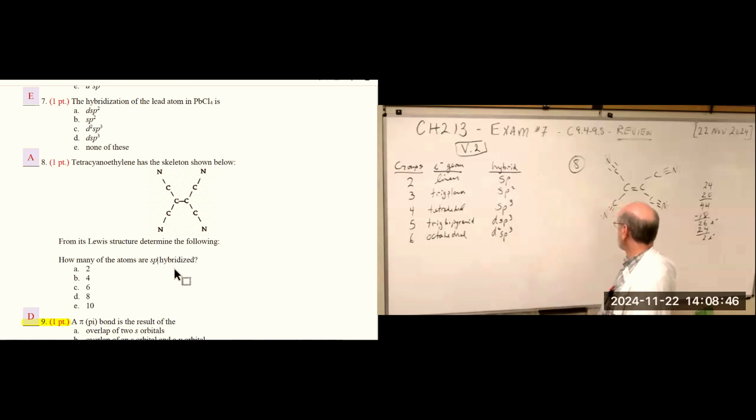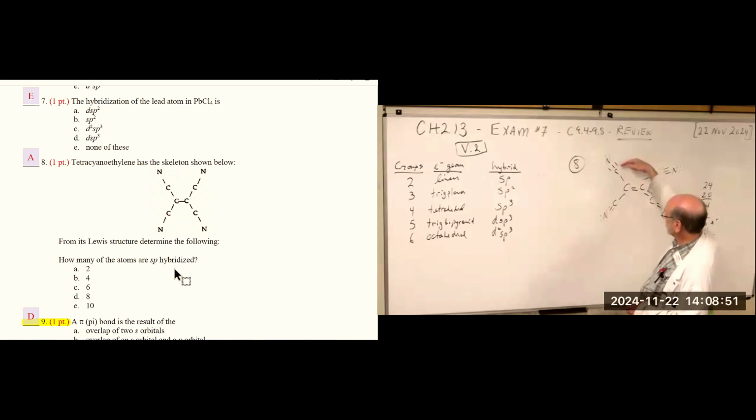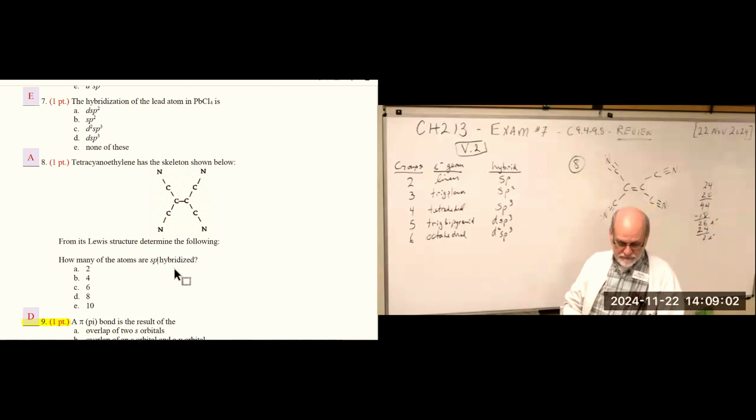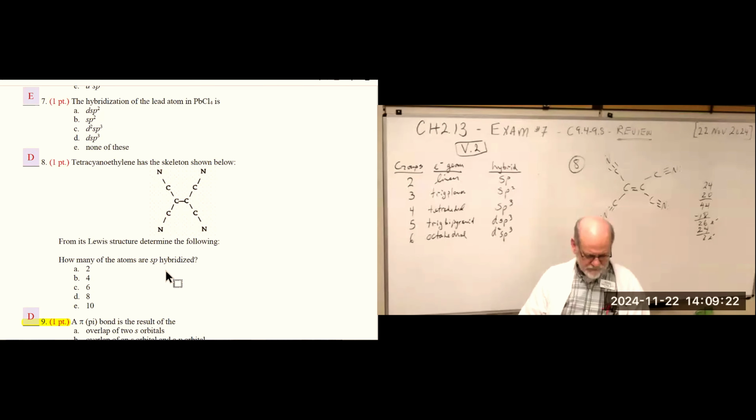And there are 2 that are sp2 hybridized, these 2. This one is 1, 2. This one is 1, 2. So you got 1, 2, 3, 4, 5, 6, 7, 8 sp hybridized. That's an error. That one should be D. I'm going to change it up here. D. Here we go. Rather than try to change it to sp2.